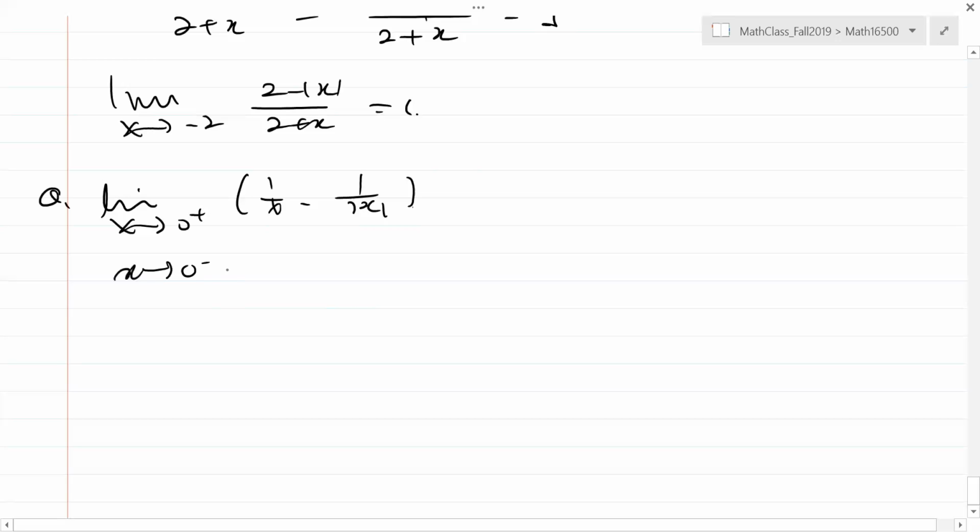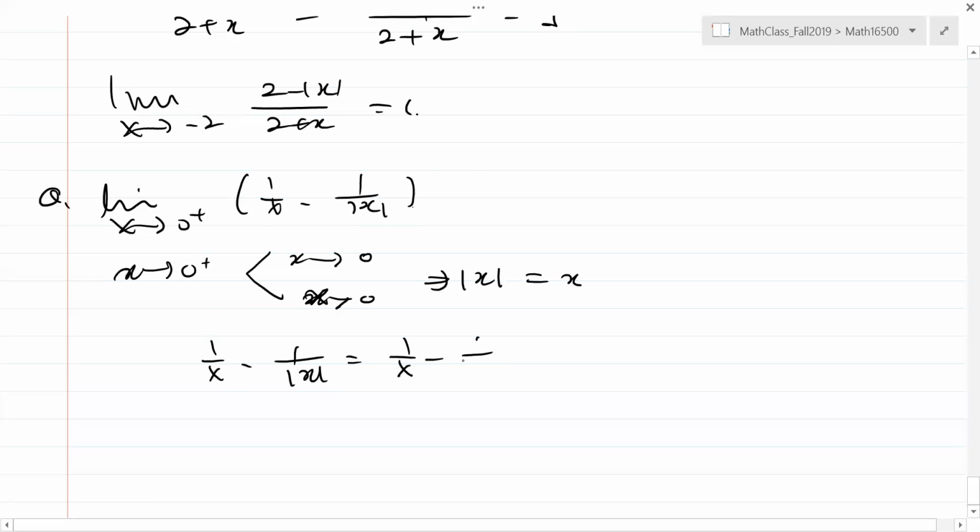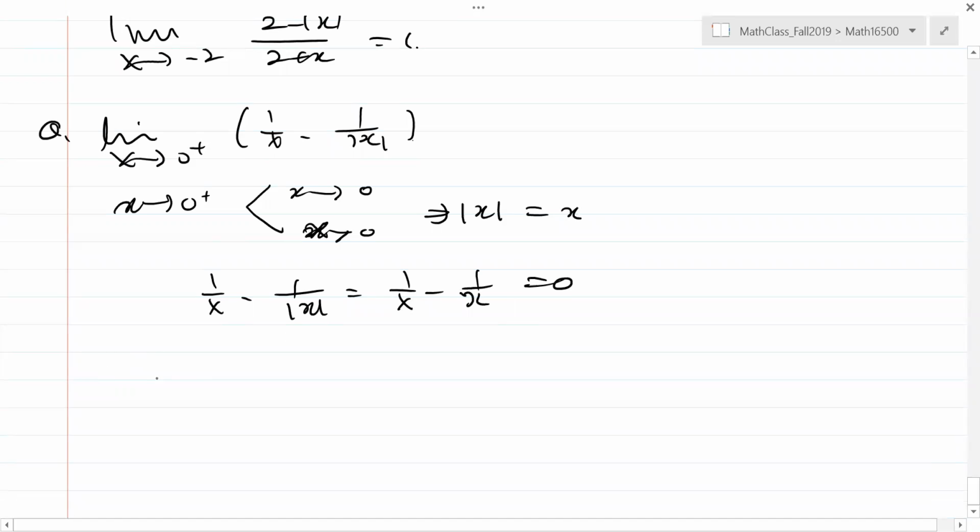So x approaches 0 from the positive side, x is positive. Right? Since x is positive, absolute value of x is equal to x. Therefore, it's x minus x, which is always equal to 0. So therefore, the limit as x approaches 0 is always 0.